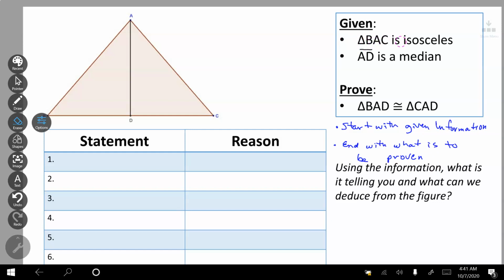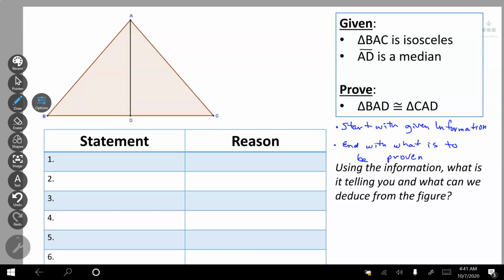One, triangle ABC, which is this big triangle ABC, is an isosceles triangle. That means something. And AD, the line down the middle, is the median from the vertex to the midpoint. Again, these are important ideas. And then we're trying to prove that the triangle in the right half is congruent to the triangle in the left half.